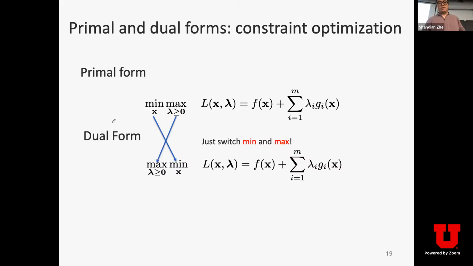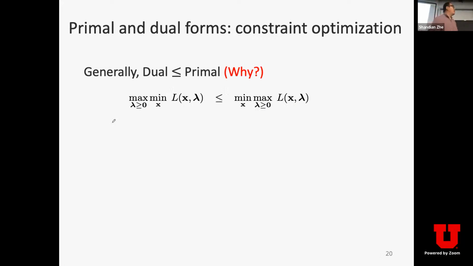If you change the order, in general, it won't stay the same. In general, if you evaluate the Lagrange function at the optimum of the dual, it will be less than or equal to your evaluation of the objective or Lagrange function at the optimum of the primal.